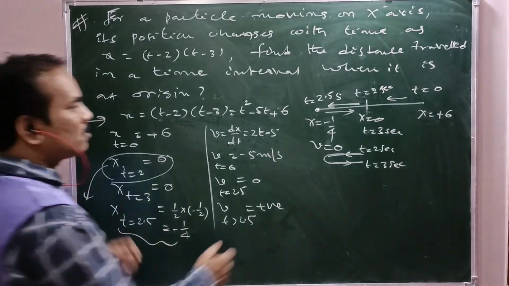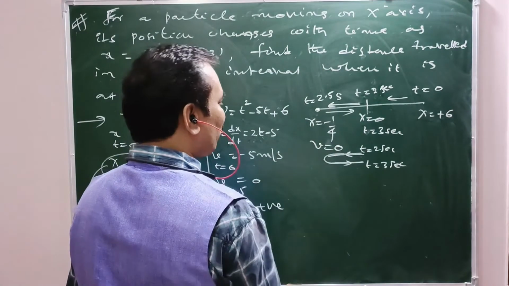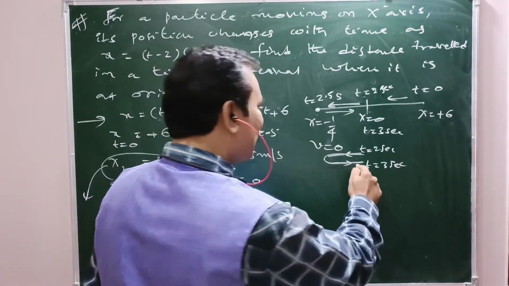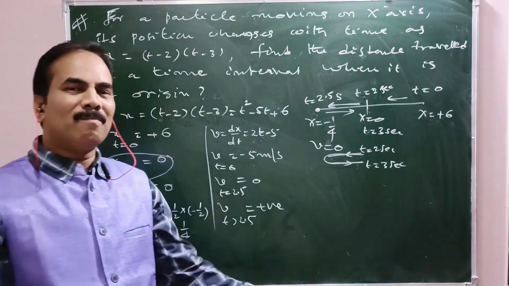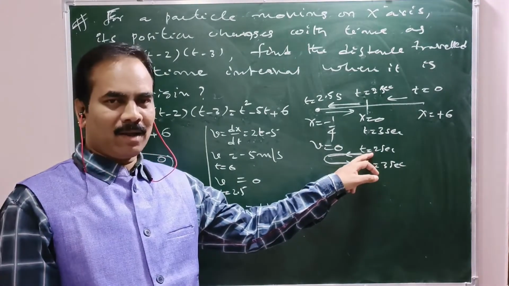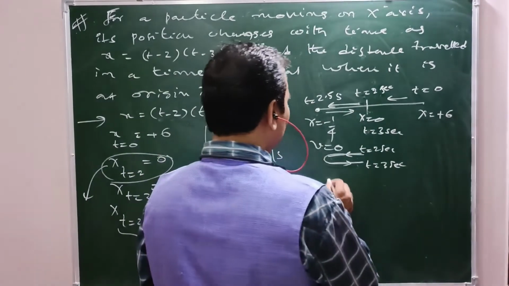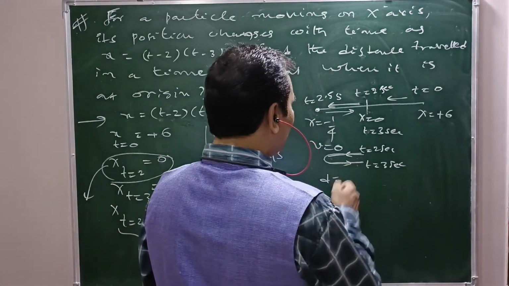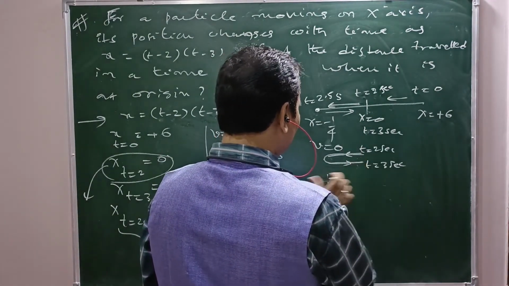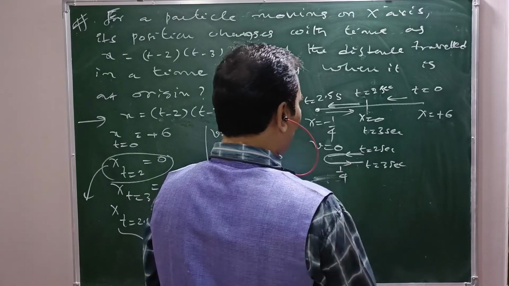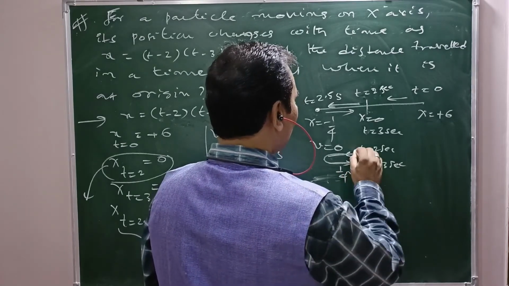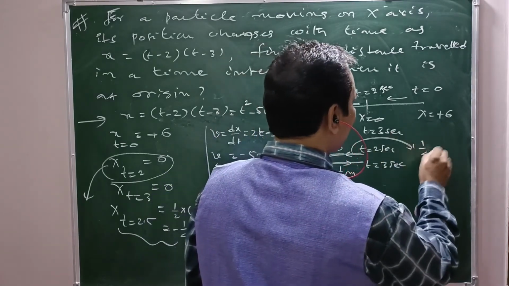Minus 1 by 4. So minus 1 by 4 plus minus 1 by 4, that is 1 by 2, in the time interval when it comes to the origin. That is the distance covered. See, this is 1 by 4 meters, and this one is also 1 by 4 meters.